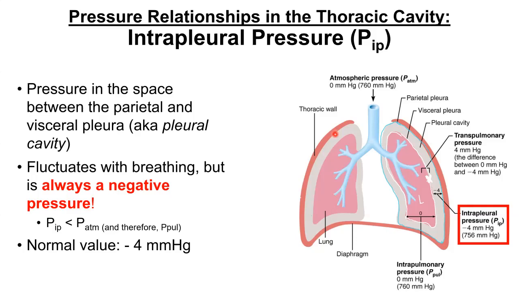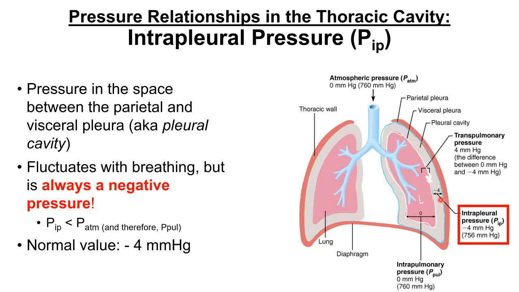Now, the intrapleural pressure is going to be the pressure that's in this space between the visceral and the parietal pleura, or the pressure that's in this pleural cavity. And yes, it's true that this one also fluctuates with breathing, but it's really important to understand that this is always a negative pressure.